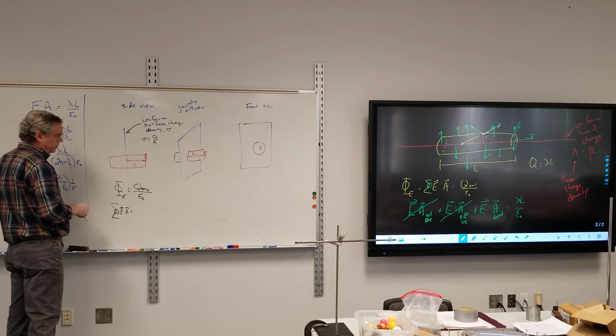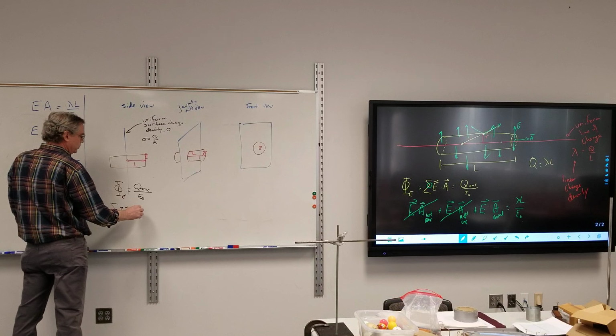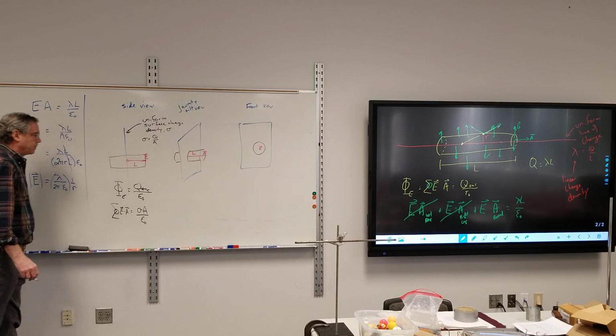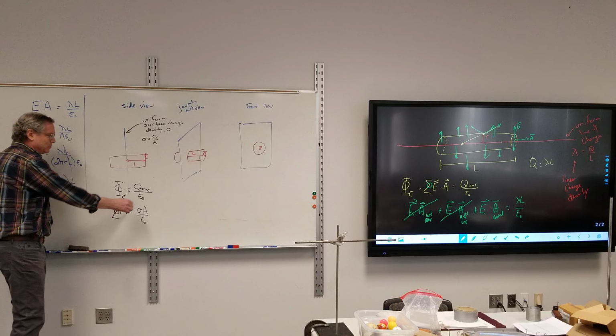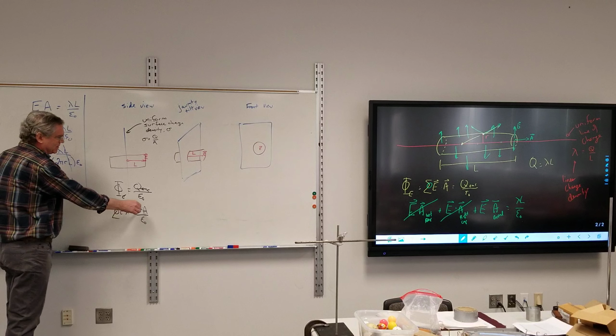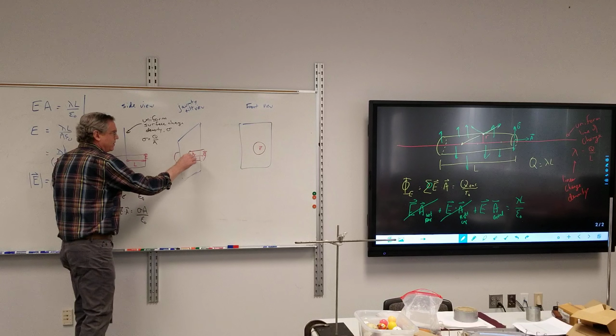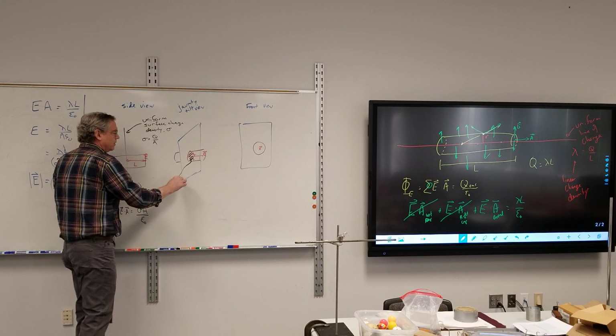Since I have a cylinder here, this is going to be equal to sigma times A over epsilon sub naught. But recognize what this A here is. This is the area where there's a charge. It is that area right there.